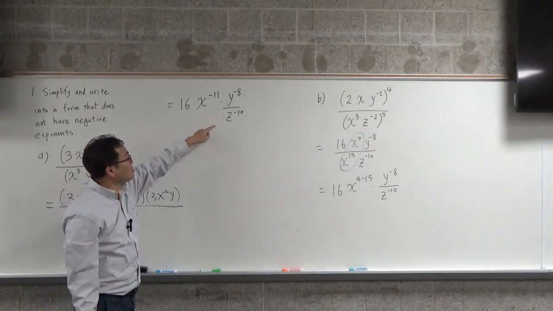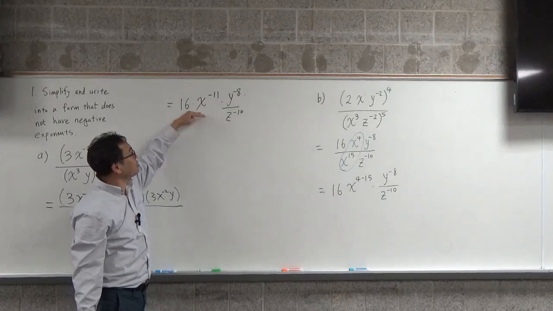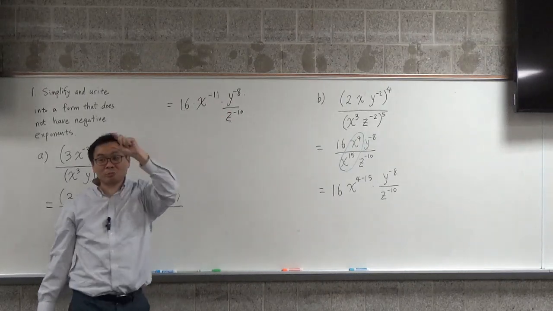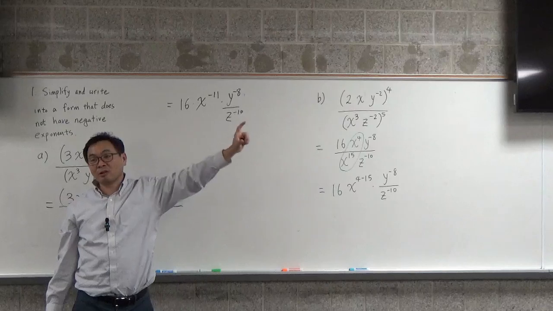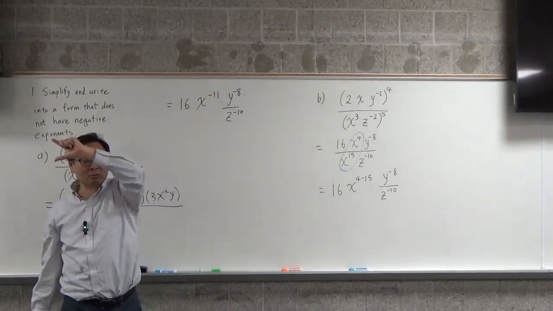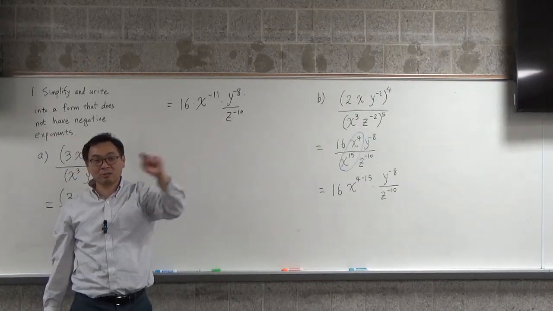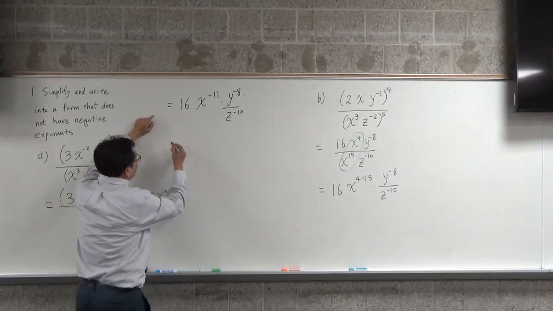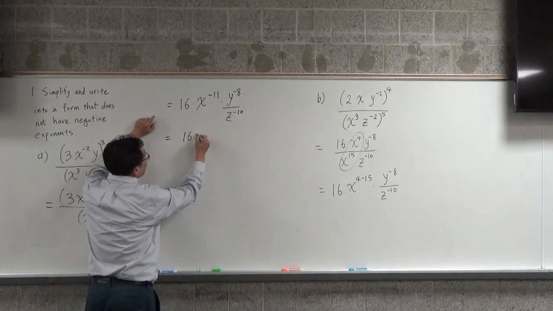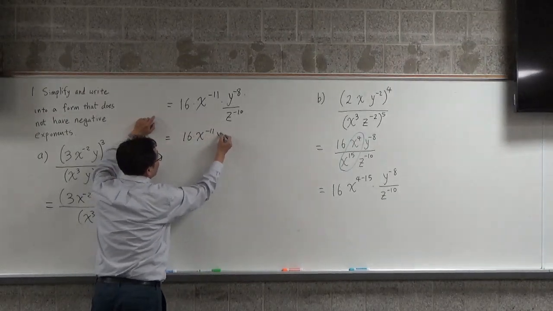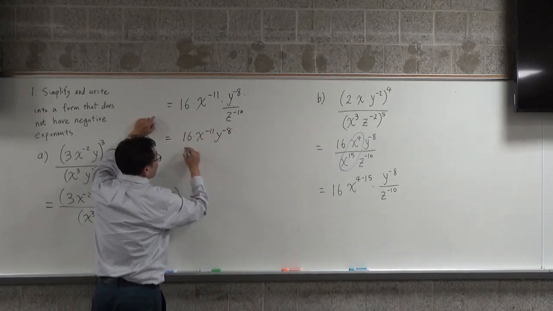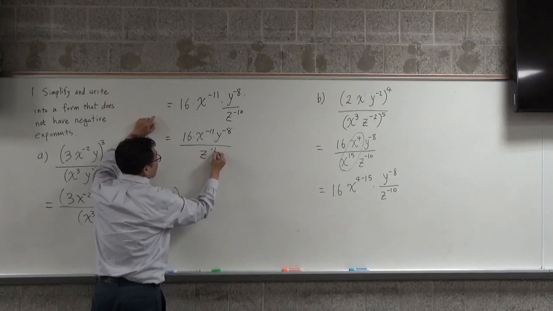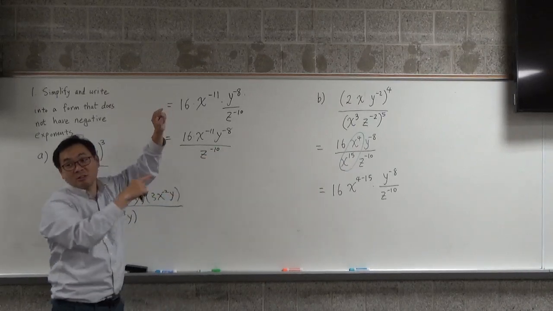This one here is in the basement. These are all above ground. When you multiply numbers, things above ground multiply together, things in the basement multiply together. So what you get as a fraction is 16 times x to the negative 11, y to the negative 8, over z to the negative 10, because this is the only one that's in the basement, right?